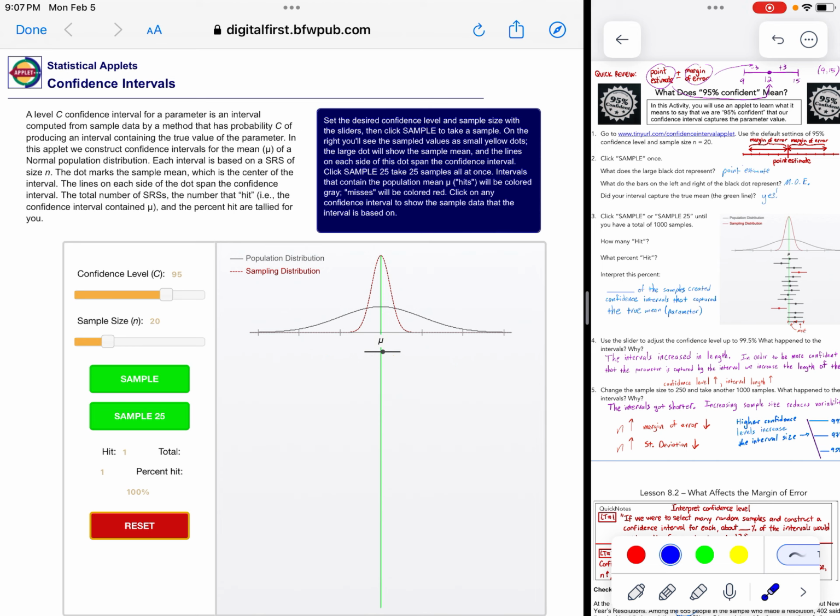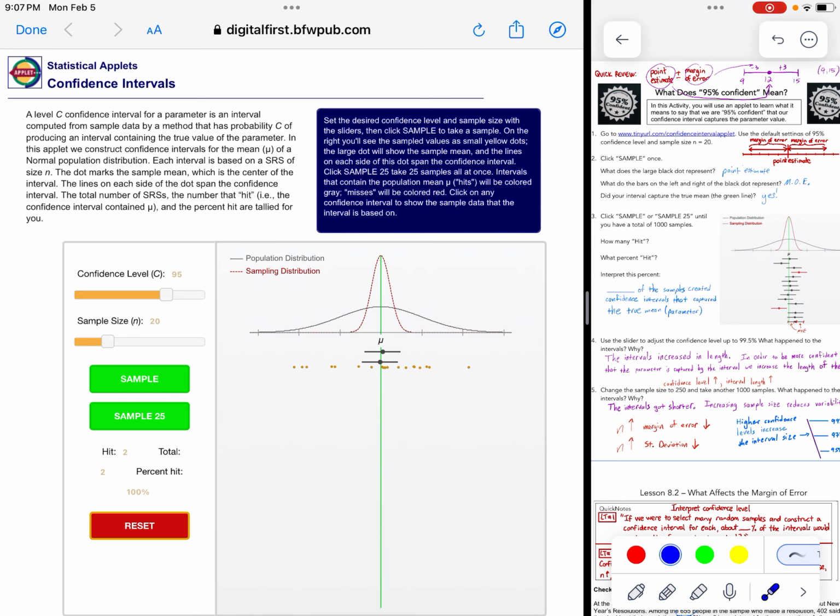The black curve, the lower curve, is the population, and the red dotted curve is the sampling distribution's shape. They're both normal, but you can see the red one is more tightly grouped and has a lower standard deviation.